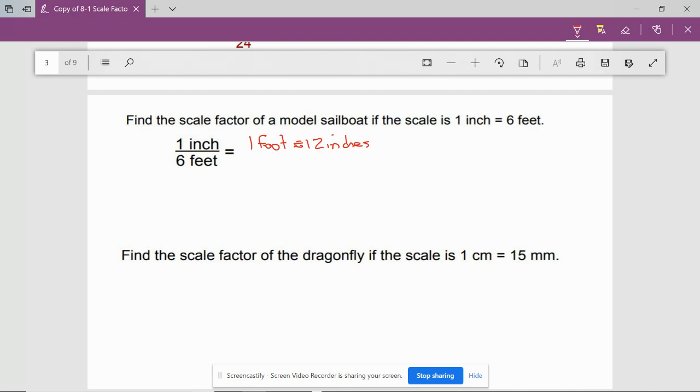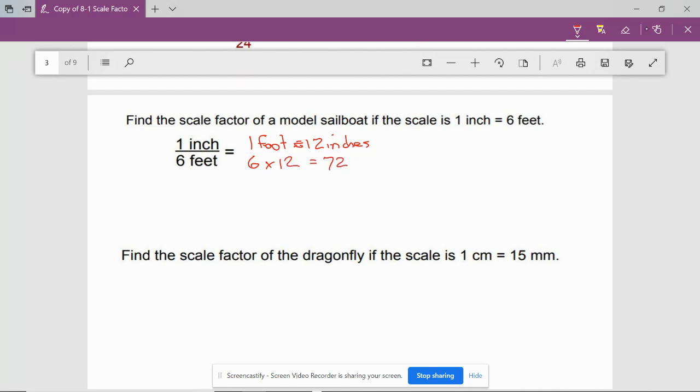Does that make sense? We need to figure out how many inches 6 feet is, so we take our 6 feet times 12 inches, which equals 72.